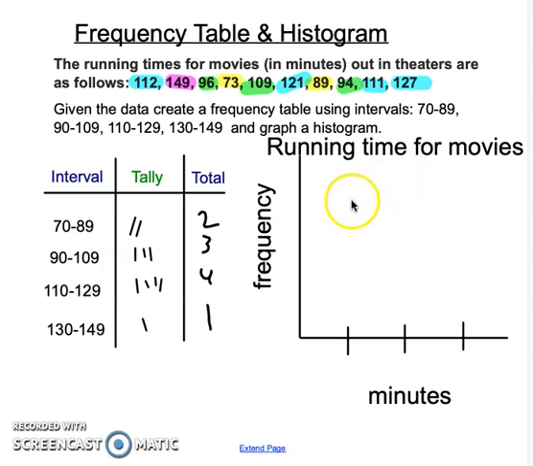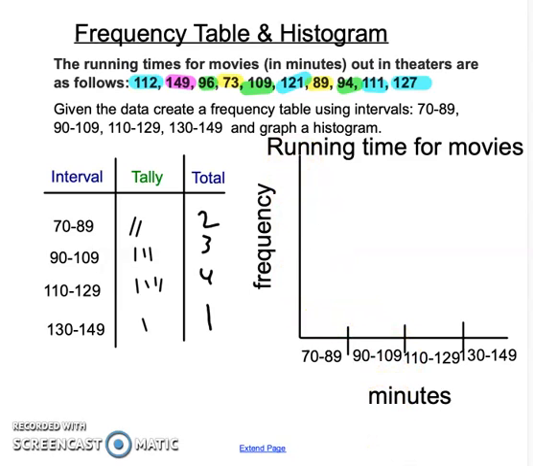All right, now that I have that, I'm going to graph bar graphs, and each bar graph for each one of these intervals, I drag over the intervals here. Each one of these is going to have a bar that goes up to the height of whatever the frequency is. So I can look at each one of these intervals and see how many movies fall into that range. Okay, so if I think about my frequency here, the highest it gets is 4.